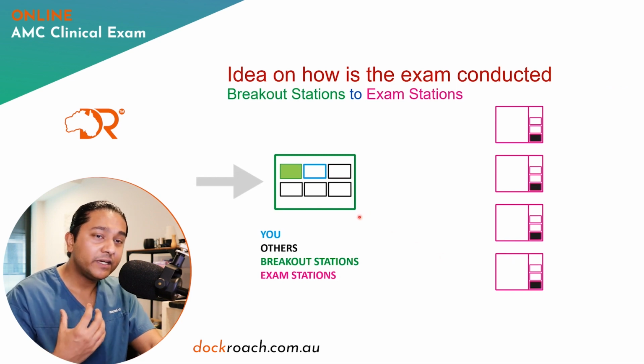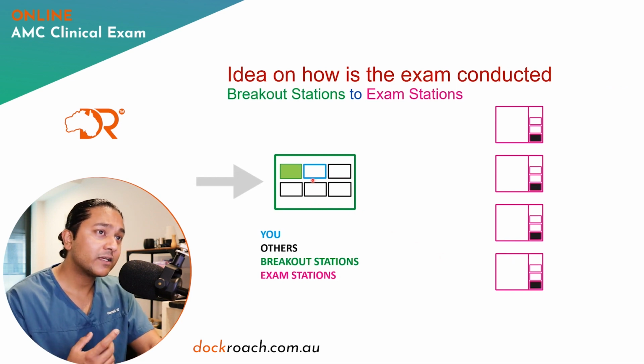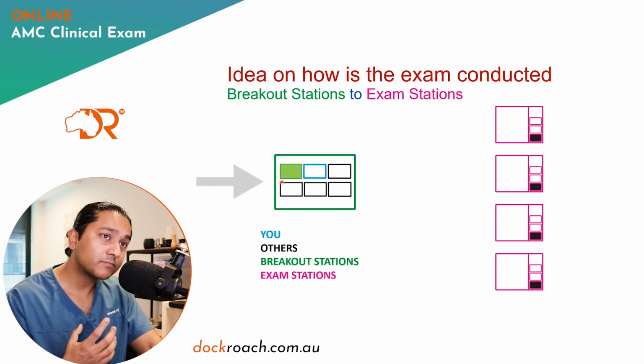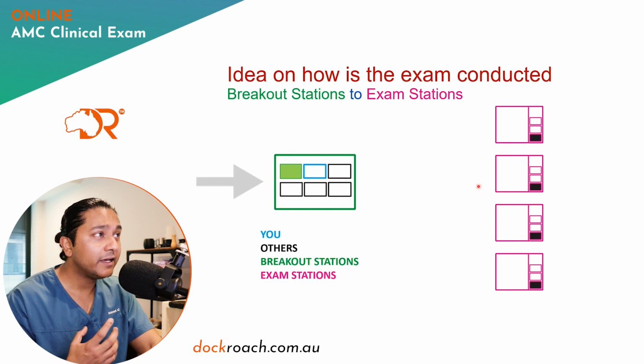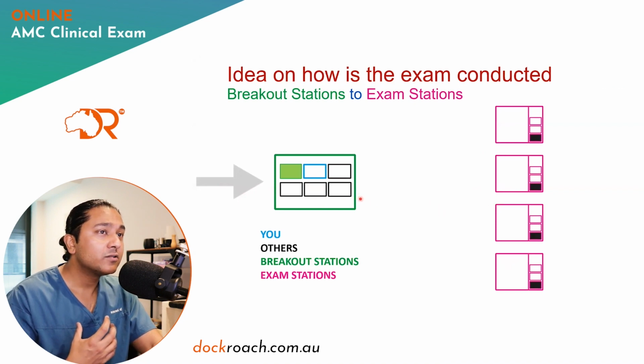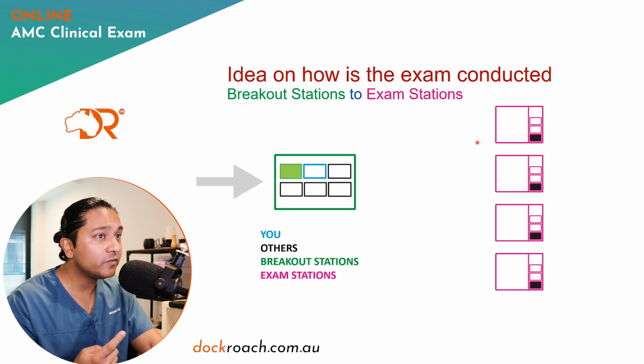Before we begin, I just want to tell you at this point, if you count, there's 1, 2, 3, 4, 5 of you in one breakout station, and there's a group of 4 exam stations linked to one breakout station. So 4 of you are going to come out from this breakout station and be moved into the exam stations.